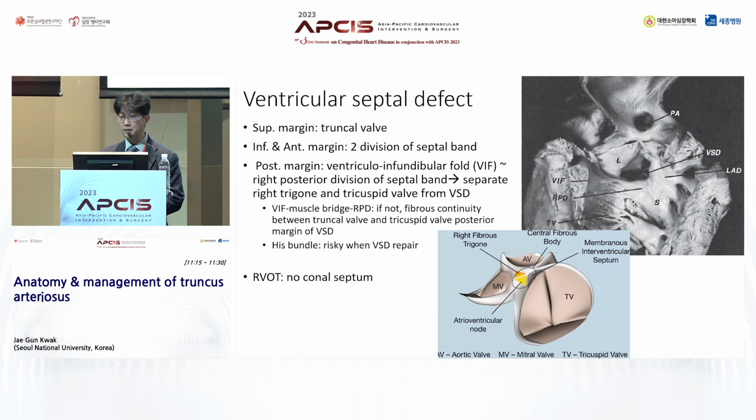But if the patient does not have this part, the fibrous continuity makes the posterior margin of the VSD. So when we repair in this kind of patient, we should be very careful not to injure the conduction system, because the His bundle goes to this area.